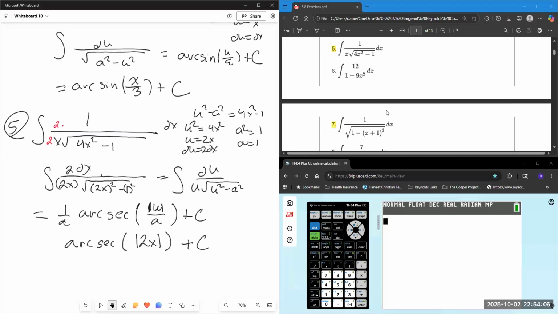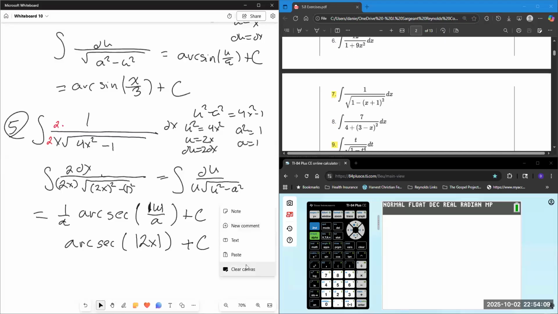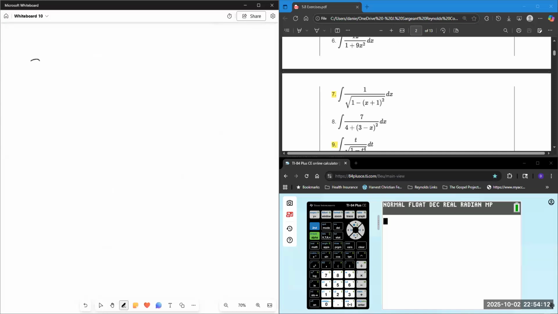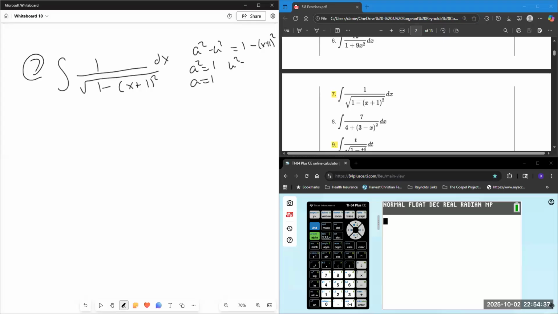Let's look at number 7 now. Seven is integral of 1 dx over root 1 minus quantity x plus 1 squared. So a squared minus u squared is equal to 1 minus quantity x plus 1 squared. A squared is equal to 1, a is equal to 1, u squared is quantity x plus 1 squared, u is x plus 1, du is dx.